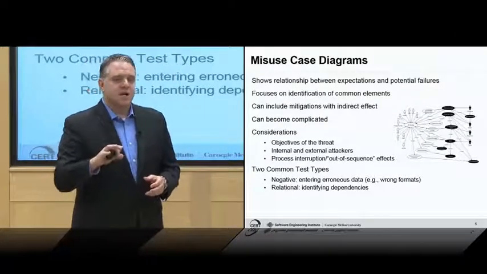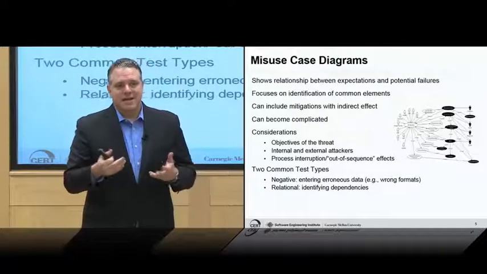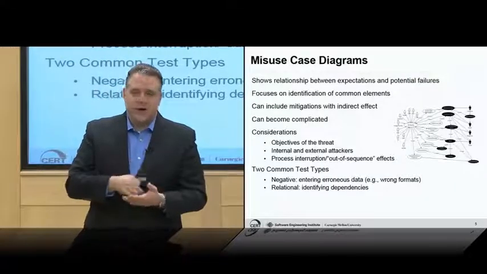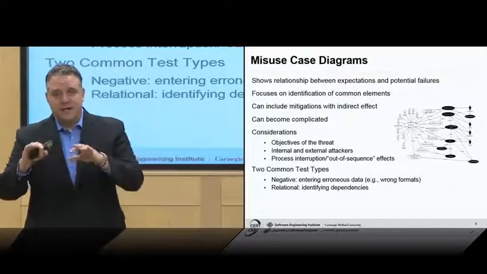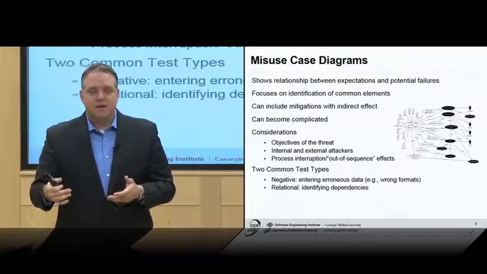There are two common types of tests using these misuse case diagrams. Negative testing, again, you're entering erroneous data, perhaps wrong format data, but it's directly into the application and seeing how it would respond.